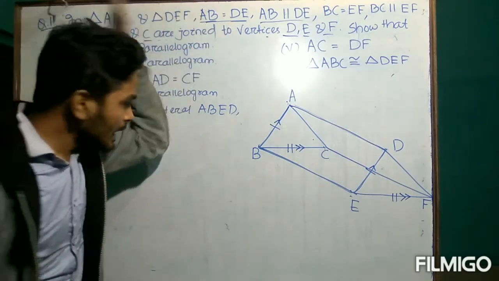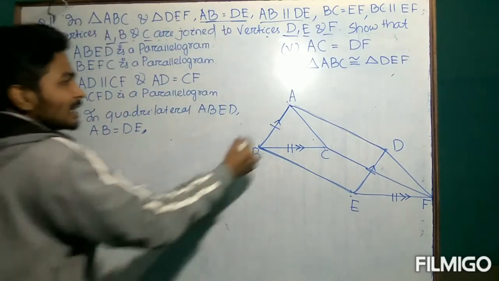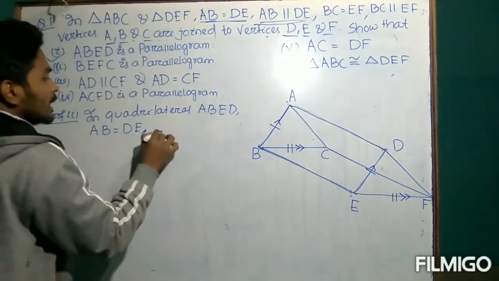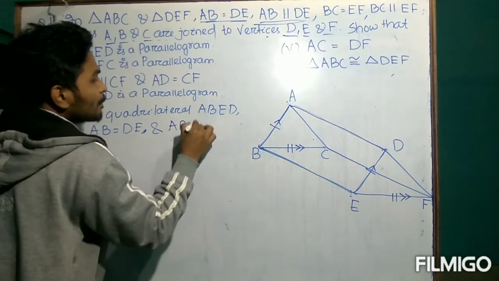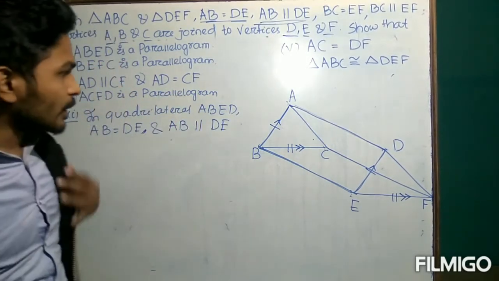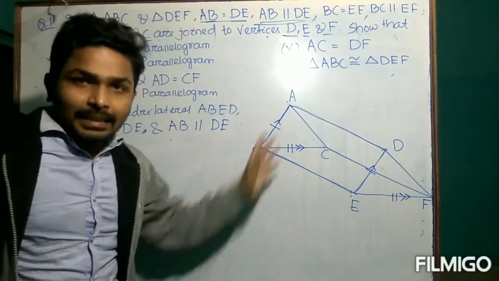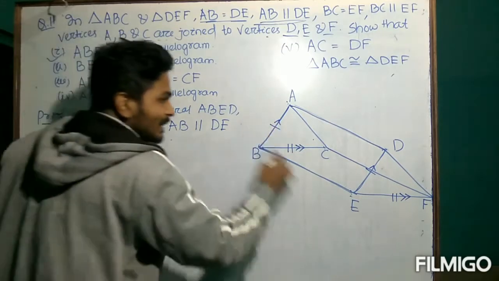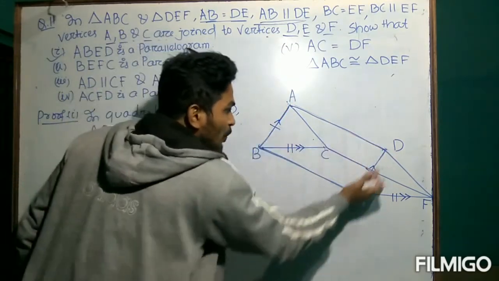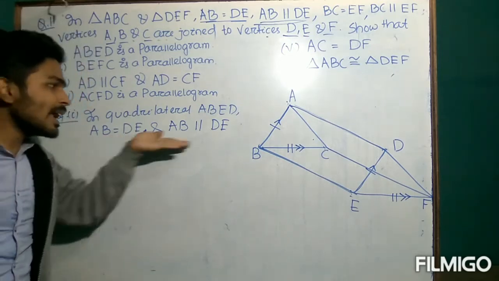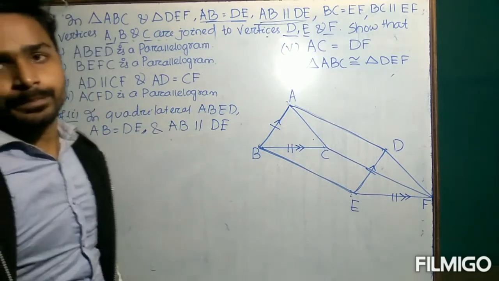Similarly, it is also given that AB is parallel to DE. Understood? So in this quadrilateral ABED, we see that only one pair of opposite sides is equal as well as parallel.